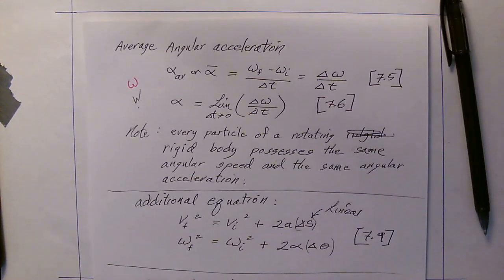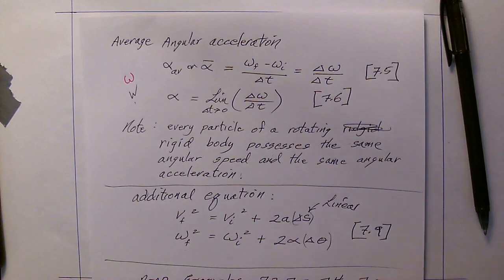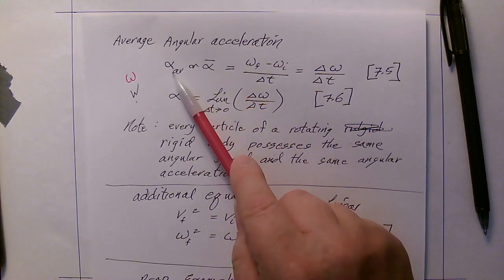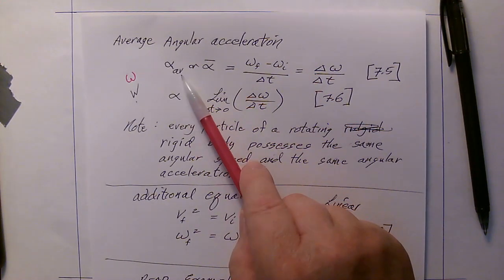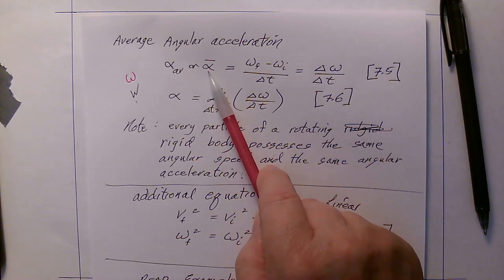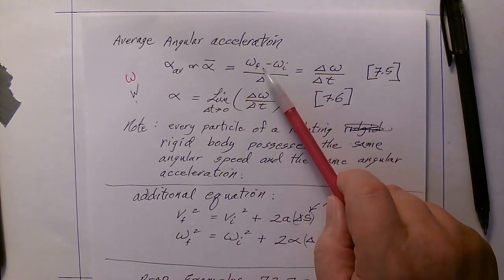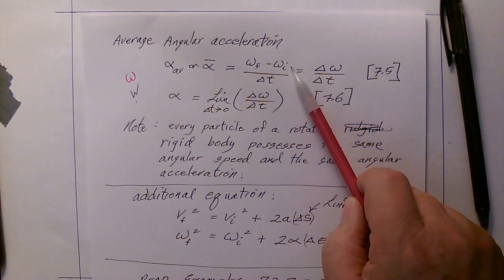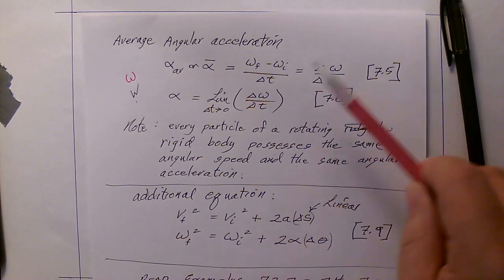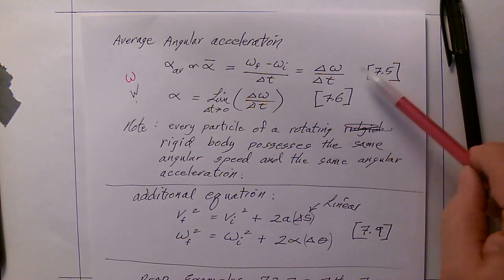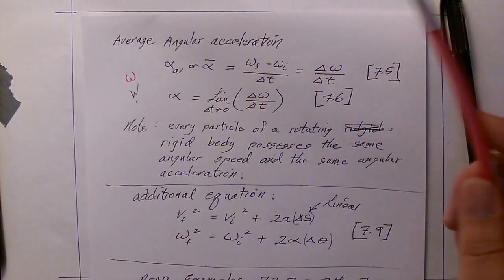Now, the average angular acceleration is alpha average, or alpha with a bar, omega final minus omega initial over delta t. So delta omega over delta t, that's equation 7.5.